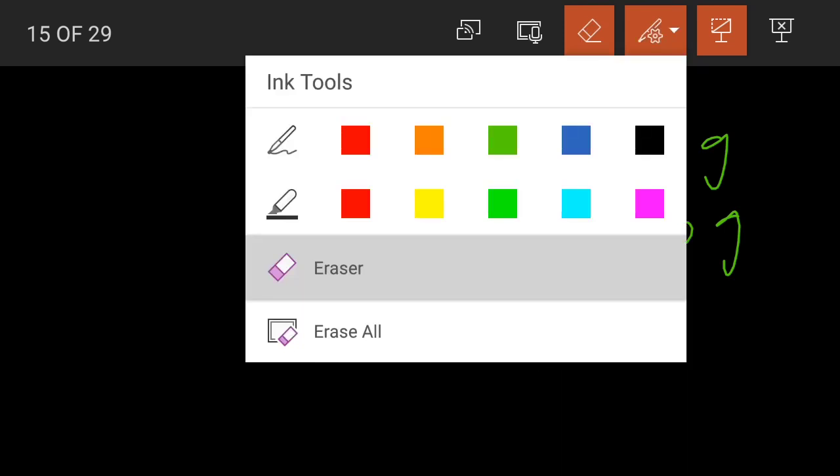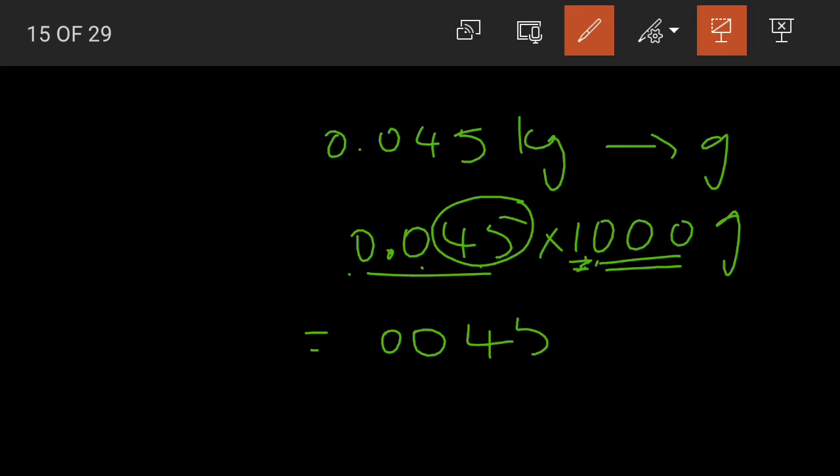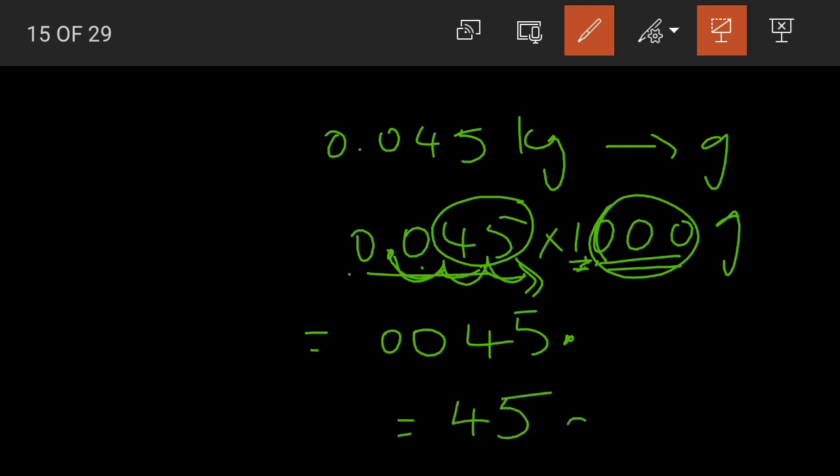Now coming to the point. We have 3 zeros here, so the point will move 3 digits to the right. 1, 2, 3. So we'll place our point after 5. That is equal to 45 grams. 0.045 kilograms is nothing but 45 grams.